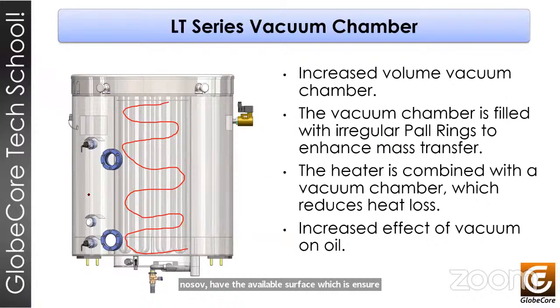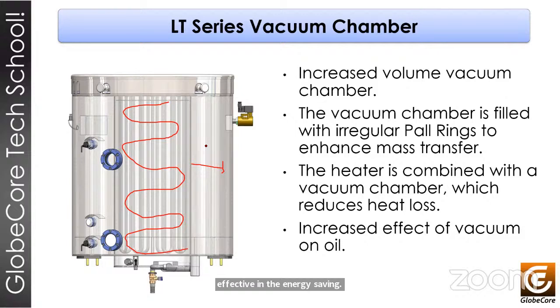And we have a really important thing here in this vacuum chamber: the vacuum chamber will create a protection for the heater, and you will have no loss of energy from the heater to the environment, because in the middle you will have the vacuum chamber, and that makes the machine really effective in energy saving.